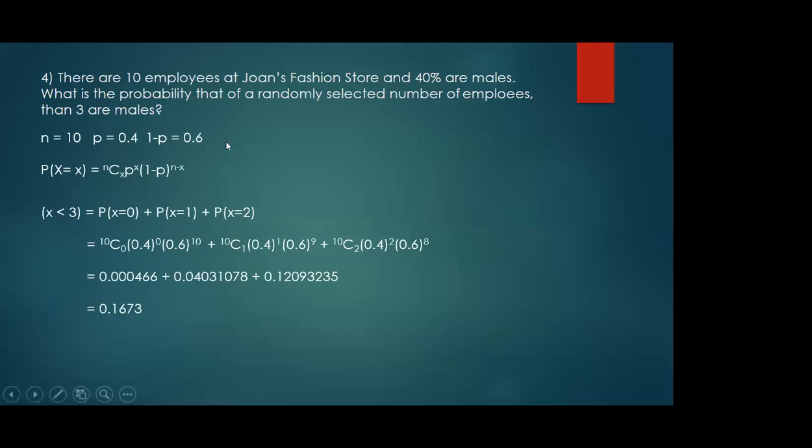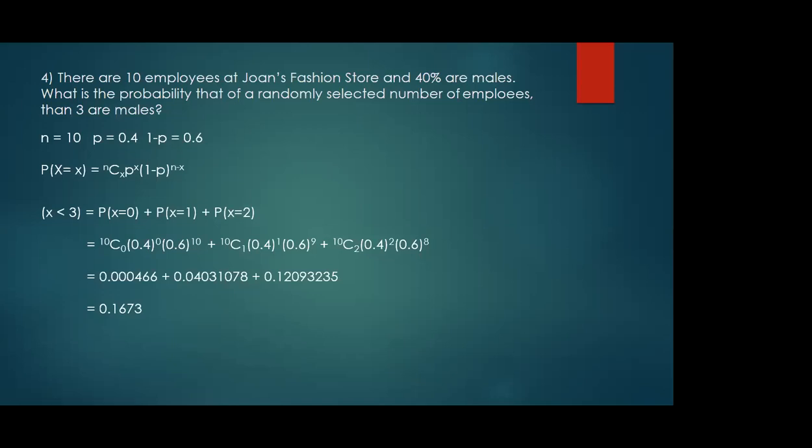So the first thing we're going to do is write down what we were given. n is our sample size, which is 10. P is our probability of being male. If you're not male, you're going to be female, so 1 minus P is the probability of being female.